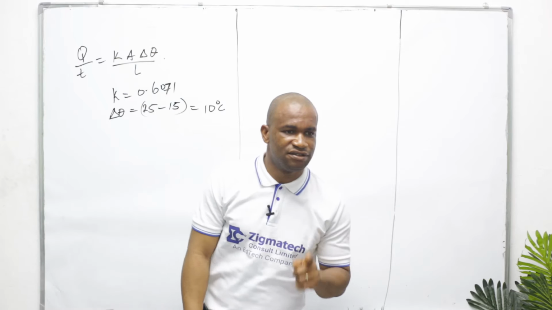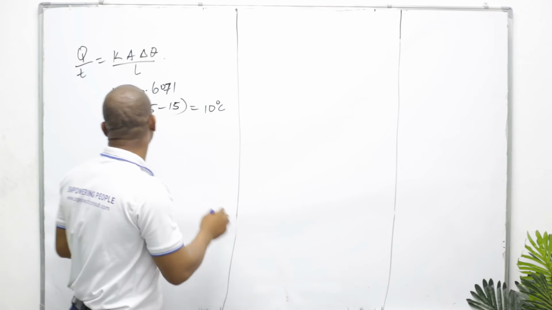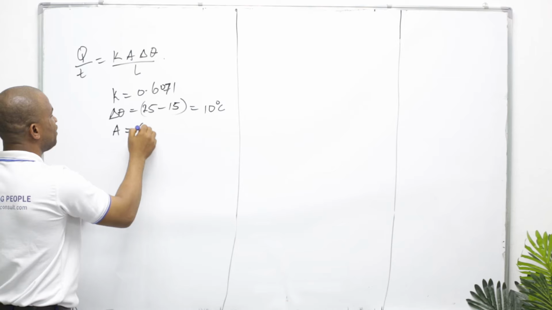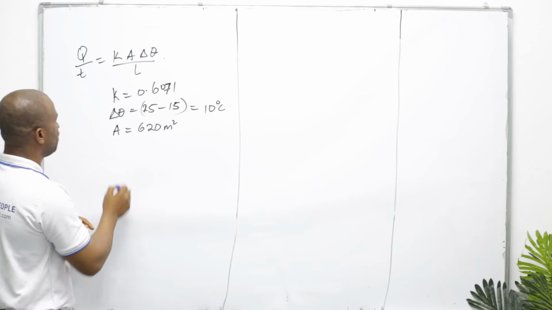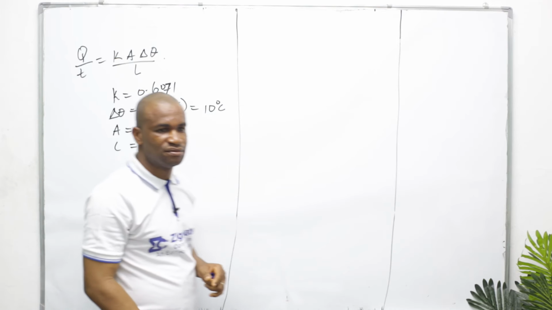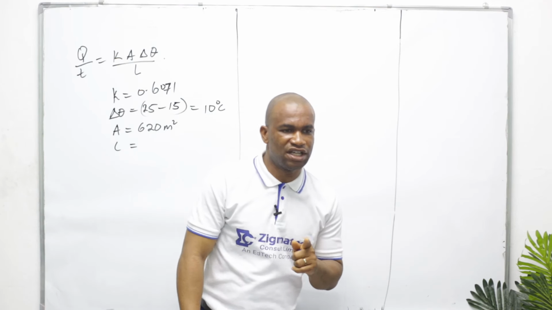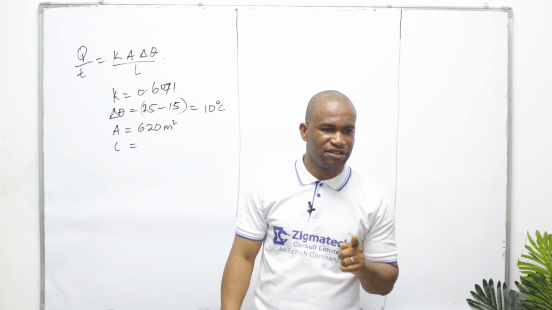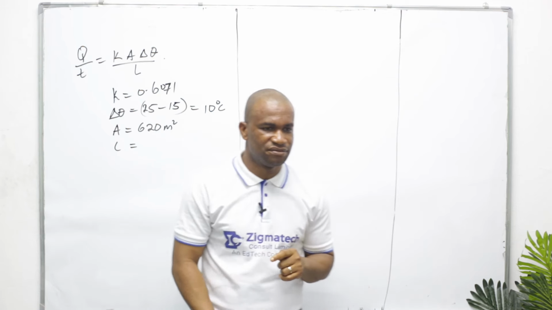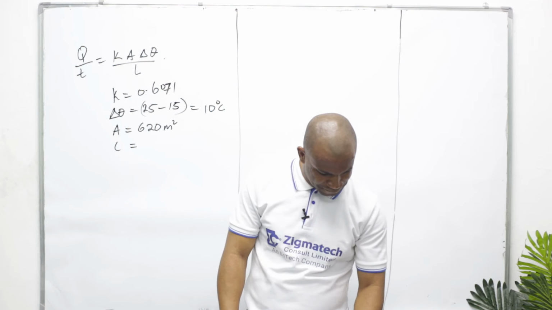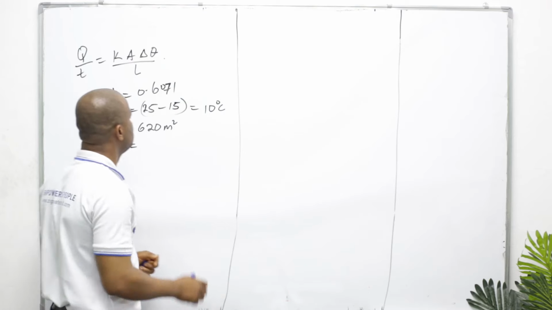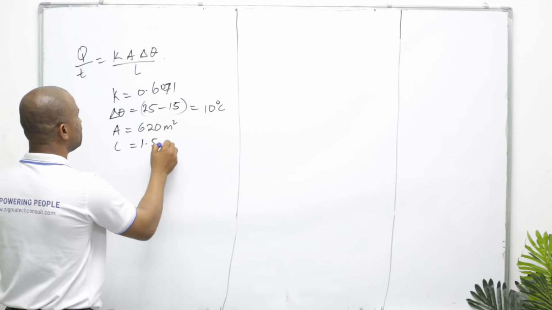And then the area is 620, so A is given as 620 meters squared. So what is our L? Our L is given there as 1.5 meters.